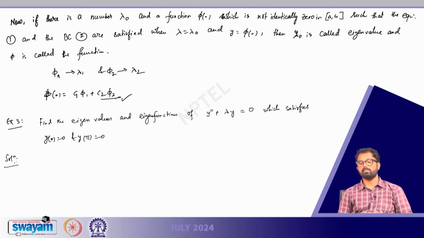So we have to find the eigenvalues and eigenfunctions of this equation y double dash plus lambda y equals 0.